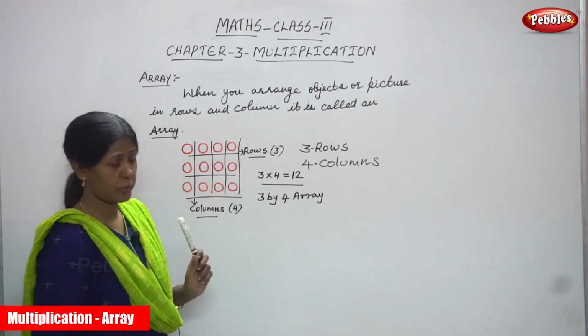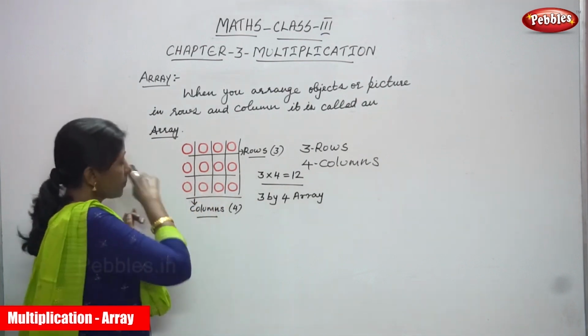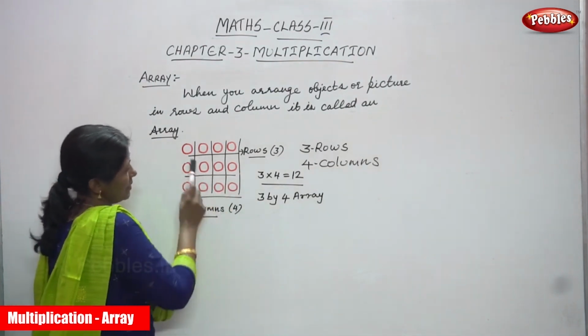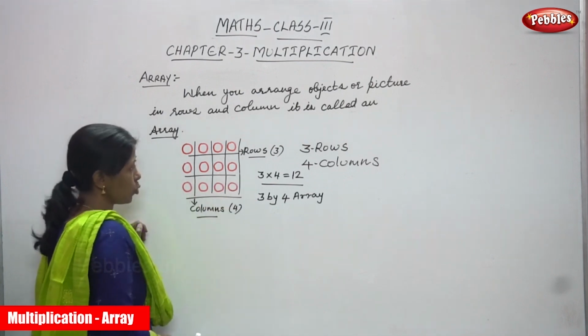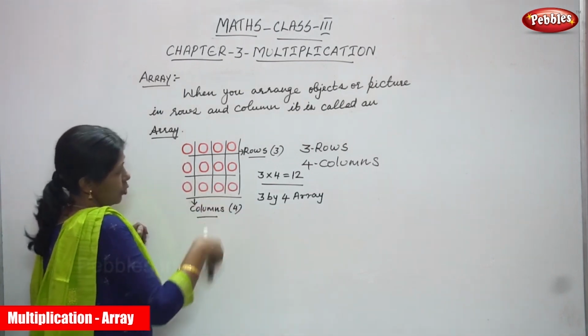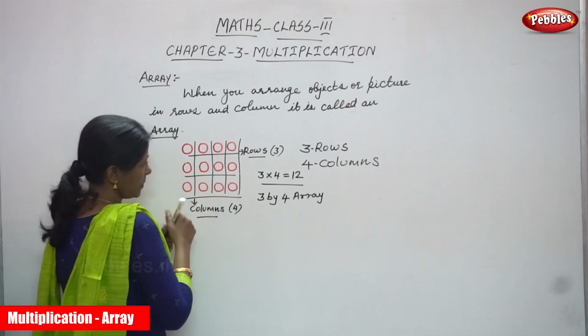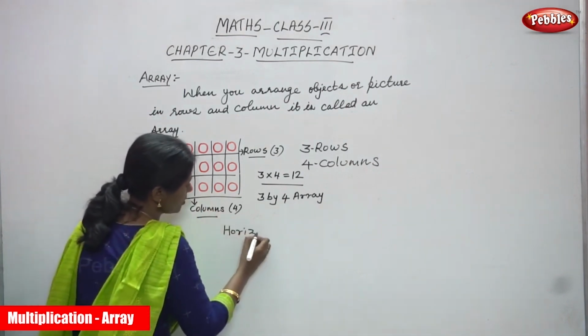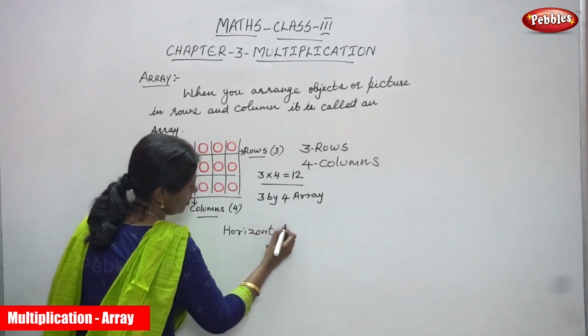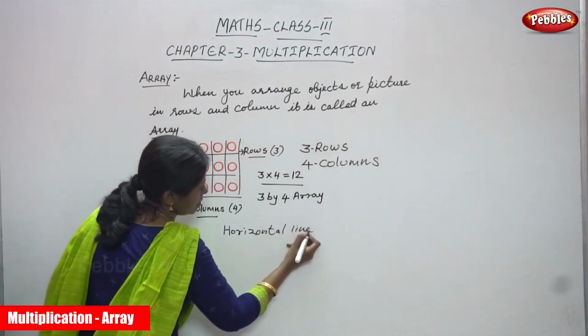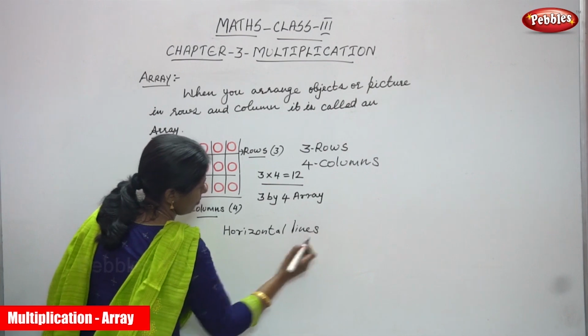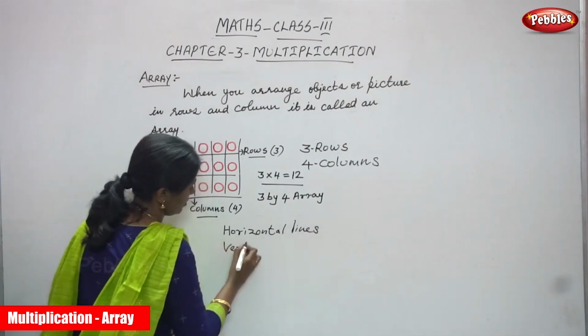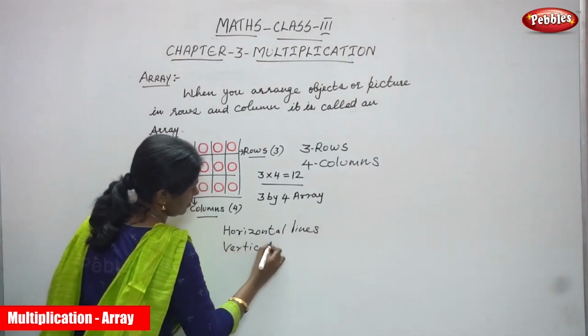So this is an object, it's a circle. See, this is a horizontal line. Horizontal lines are called rows, and vertical lines are called columns. So horizontal, H-O-R-I, horizontal lines and vertical lines.